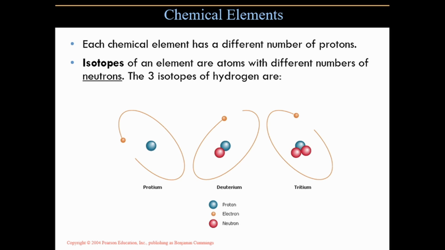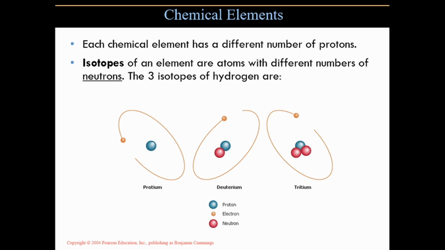Isotopes are forms of elements with different numbers of neutrons. So they're the same element, but they exist in different forms, and we call them isotopes. For example, hydrogen exists in 3 different isotopes. You can see those: protium on the left, and deuterium and tritium. The only way they differ is in their number of neutrons.